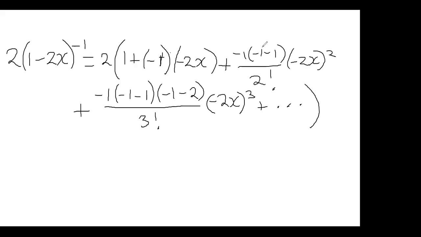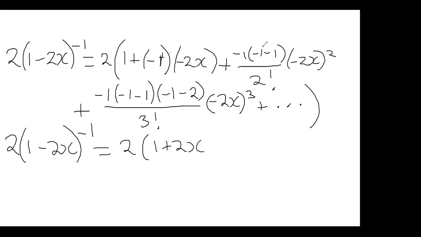That's where we are. When we simplify this, we are getting 2, 1 minus 2x to the power -1 is simply equal to 2, 1 plus 2x. You can see it clearly there.